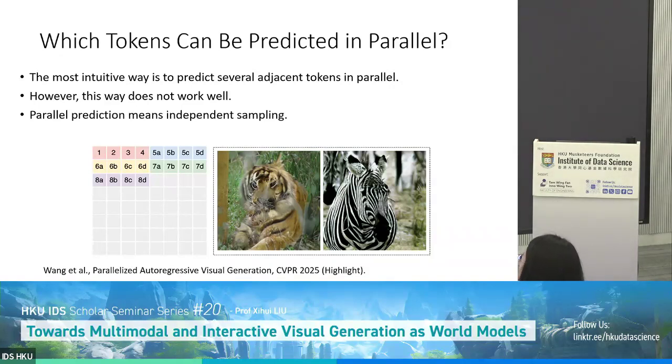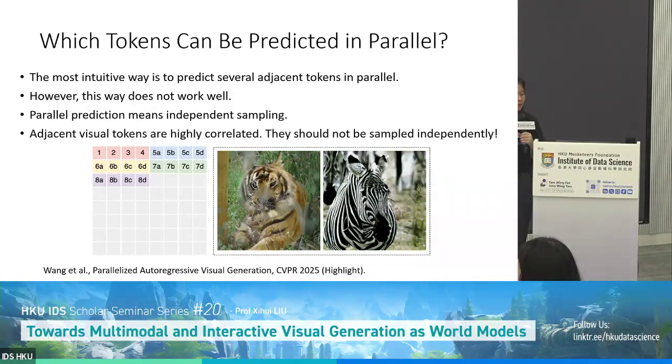Further analyzing this model, we found that in a discrete autoregressive model, the last step of predicting a token is always sampling from a distribution. If we predict multiple tokens in parallel, although we can have attention mechanisms inside the transformer, in the last stage of sampling it is always independent sampling from the distribution.